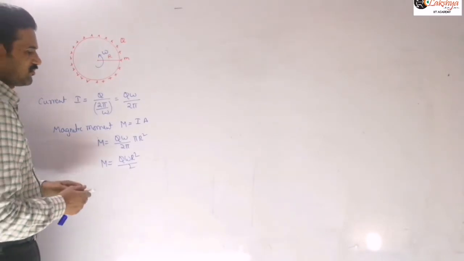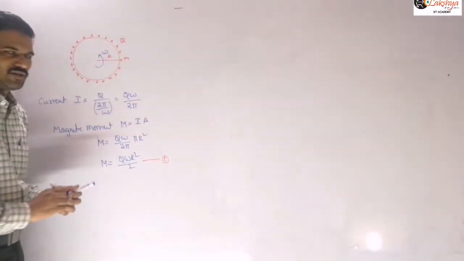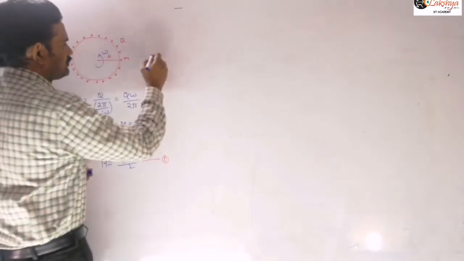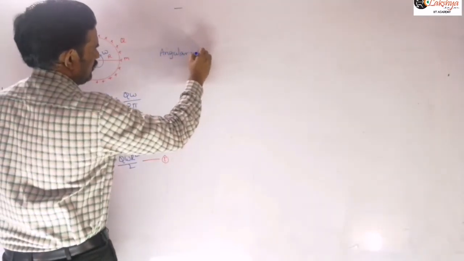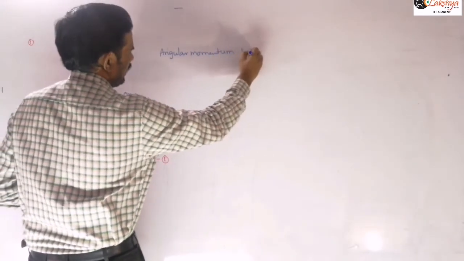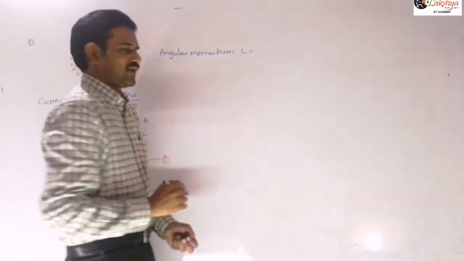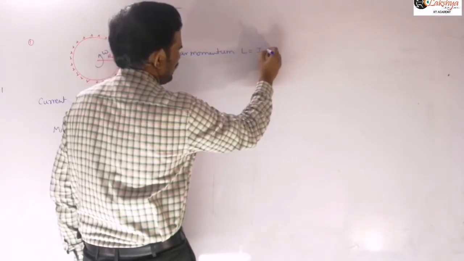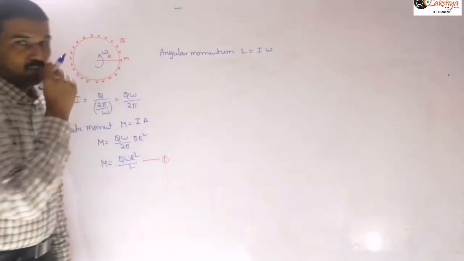Let us take this magnetic moment as equation 1. Next we need to write the angular momentum. Do you remember the formula for angular momentum of rotating objects? L is equal to I into omega, where this I is the moment of inertia.